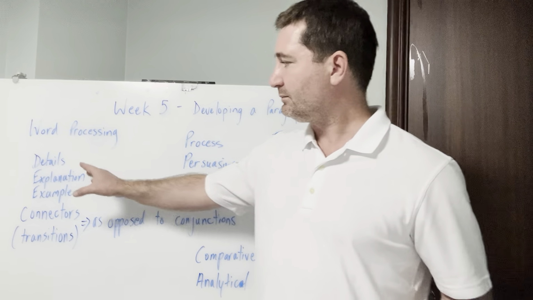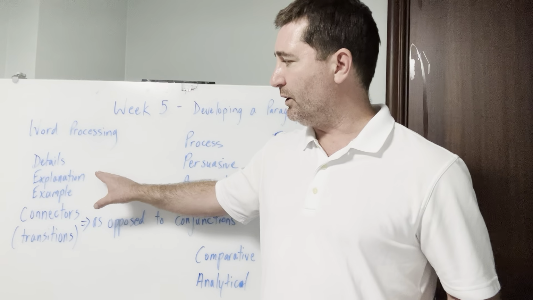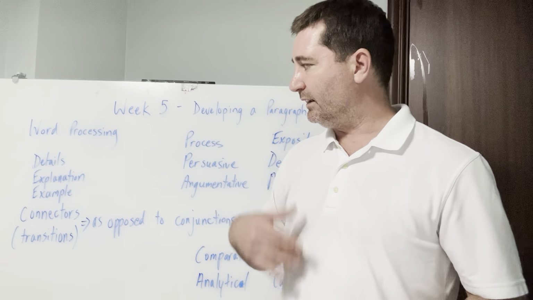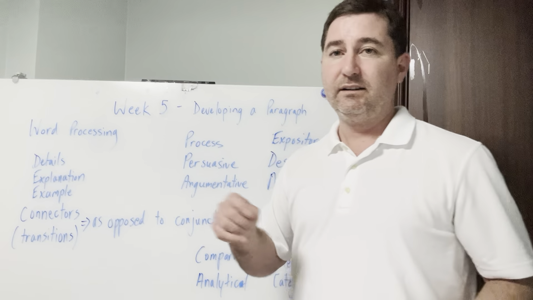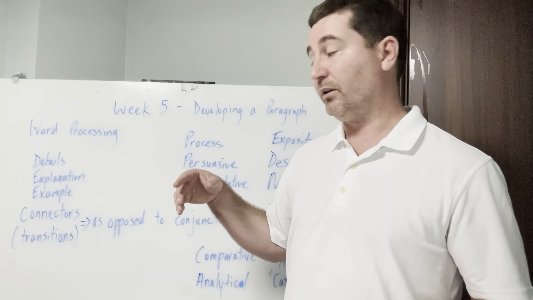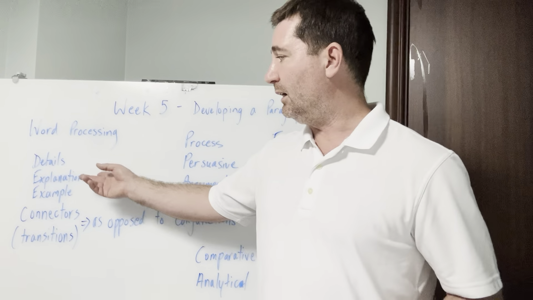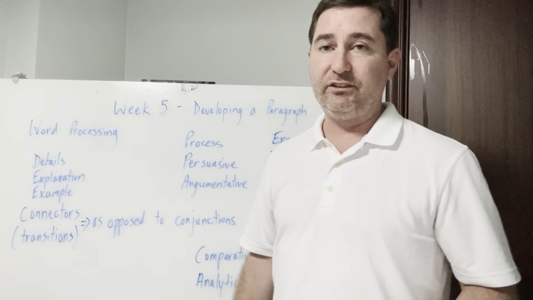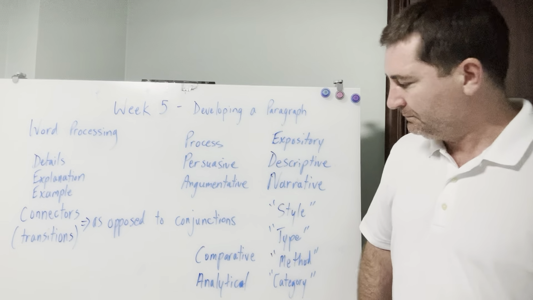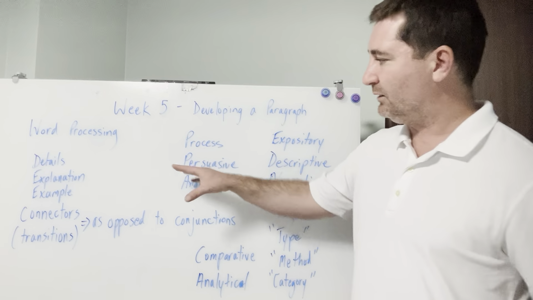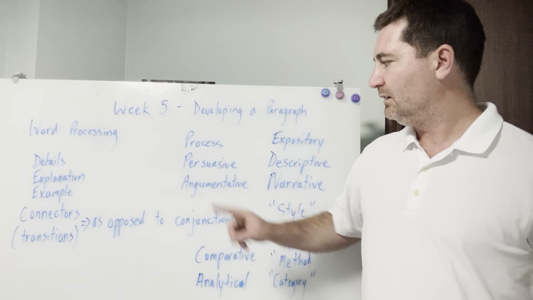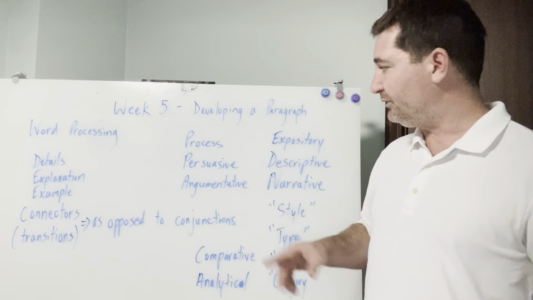You can use details to support yourself, which is facts and data. You can explain things either by showing how things are done, or giving reasons for something. Or you can provide examples, right? It's like this. Compare it to one thing or another. All of these can be used in different amounts in the various types of paragraphs here.